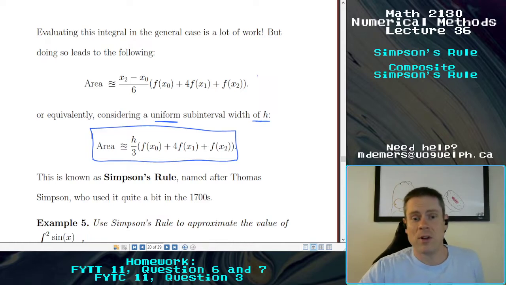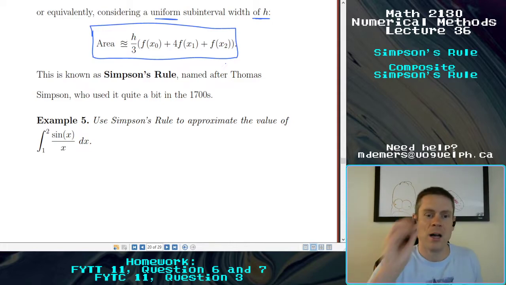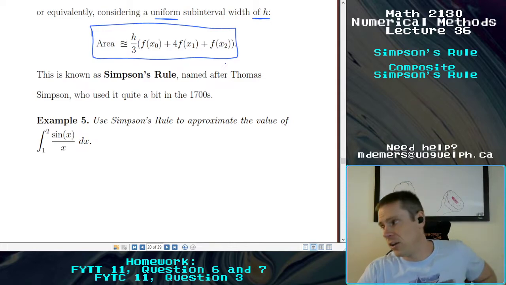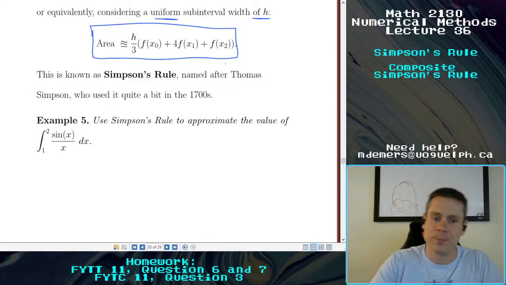It's named not after Homer, but after Thomas Simpson, who used this in the 1700s to do some approximating techniques. And we're going to use this to approximate the value of this definite integral. Also a special function: we cannot actually find an antiderivative for this thing, but we can approximate this integral.